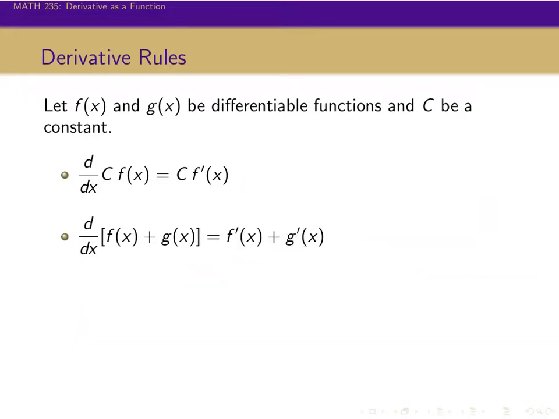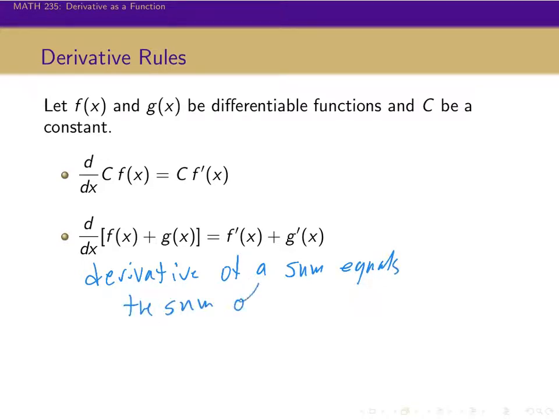And so the derivative of a sum is equal to the sum of the derivatives. So let's write that out. Derivative of a sum equals the sum of the derivatives.